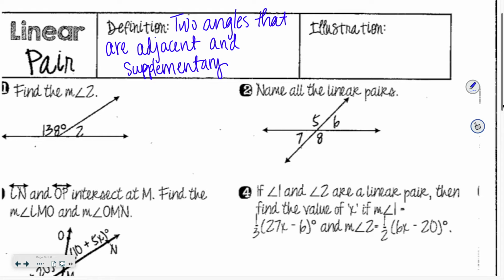It forms a line. And so it's going to look something like this, not always exact, where angle 1 and angle 2, if you put them together, it's going to give you a line.